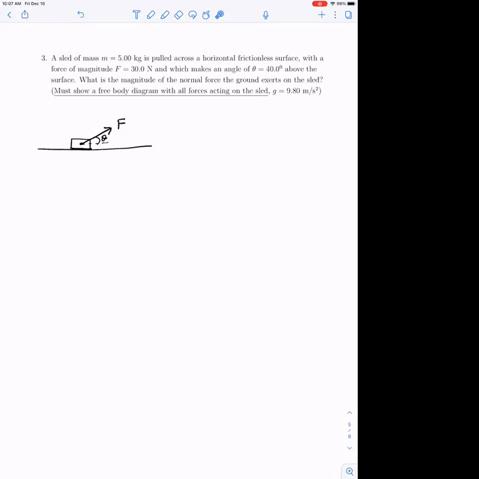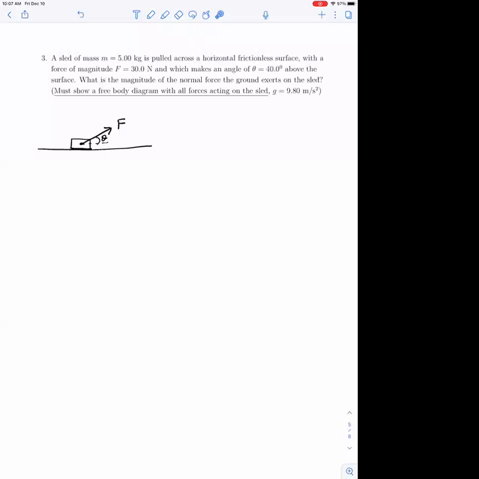Any questions about that? The concept that we're going to use here is Newton's second law. Newton's second law says that the net force on an object is equal to its mass times acceleration. And we can apply that either along the x-axis, and we can also apply that along the y-axis.